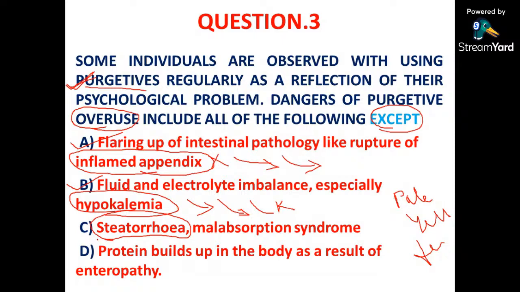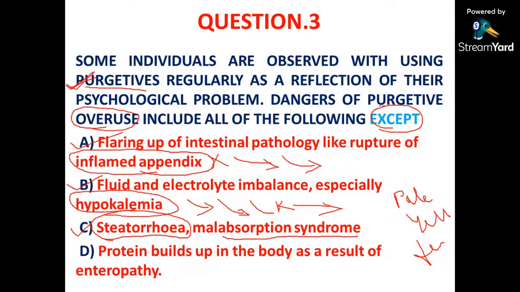So overuse of purgatives will cause steatorrhea. Malabsorption syndrome. Yes, purgatives will cause malabsorption. Some of the components are not properly absorbed from the GI tract due to diarrhea, due to increased gastric motility and due to removal of gastric contents through purgatives. So even C is an action shown by purgatives, which is not the correct option.